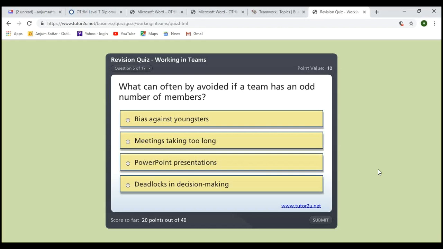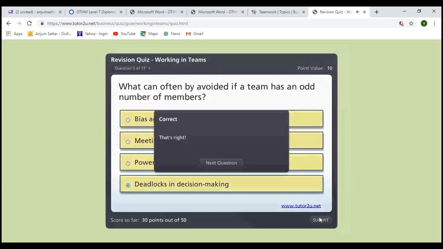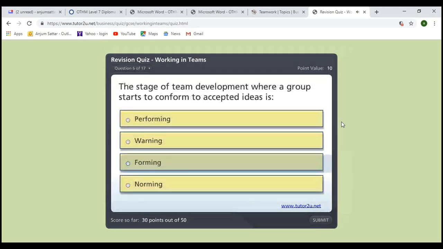Okay, what can often be avoided if the team has an odd number of members? Deadlock in the decision-making process. Well done, that's correct.